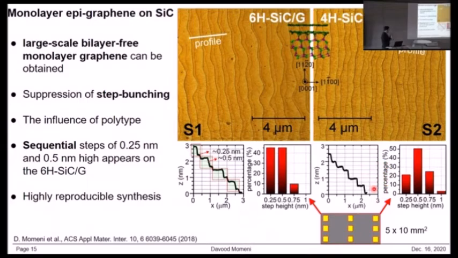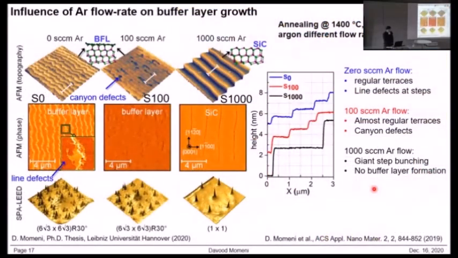So we can now successfully suppress the step bunching. We can get very homogeneous surfaces on both polytypes. Let me add that these are all exemplary samples so far. I mean, we can get reproducible fabrication of such quality samples.